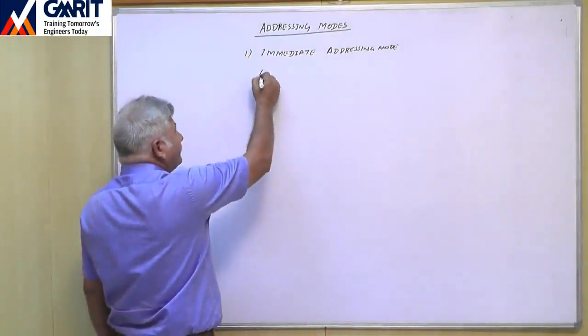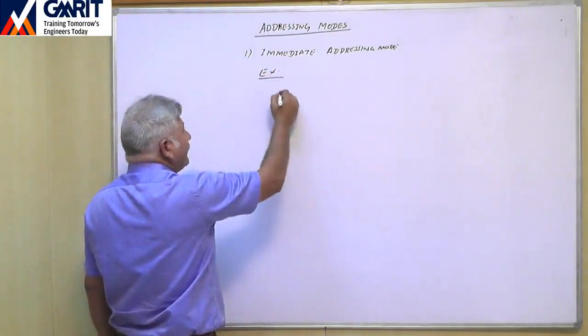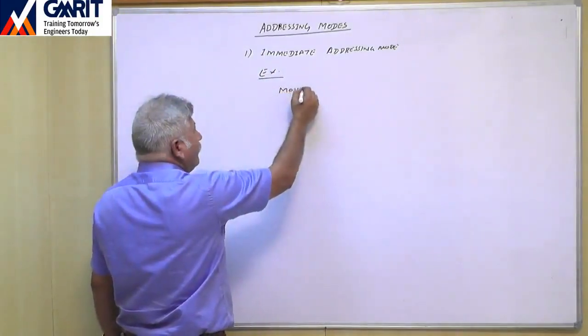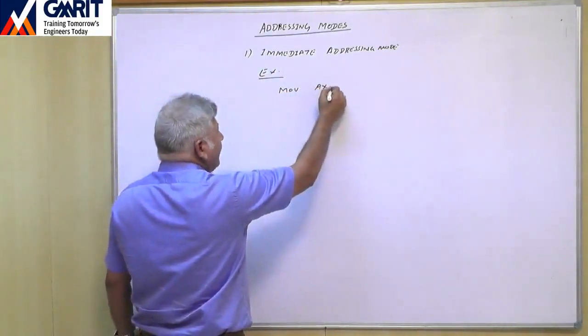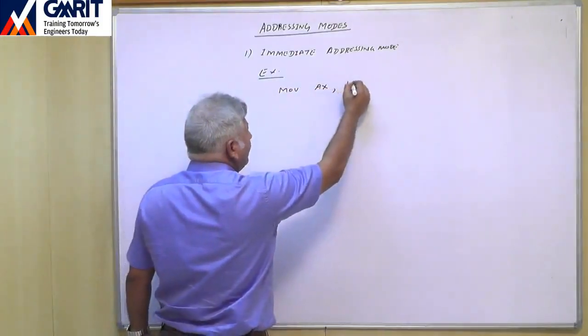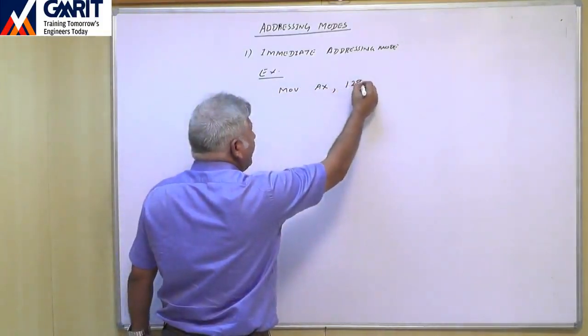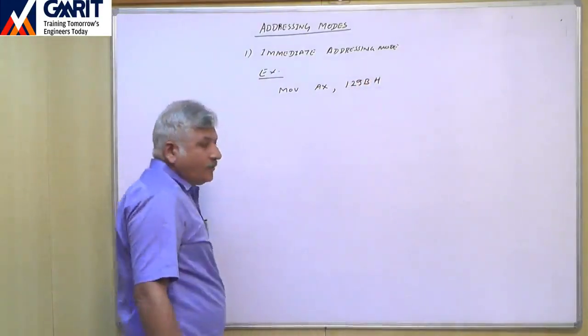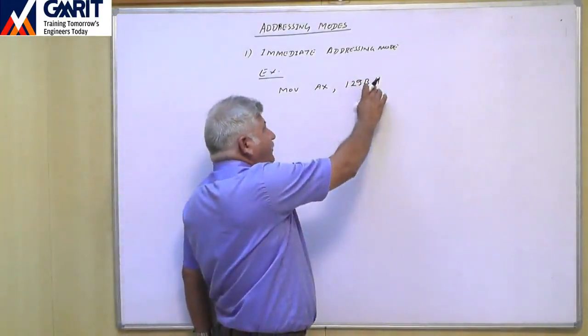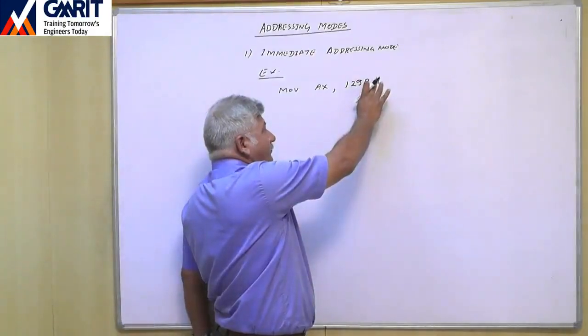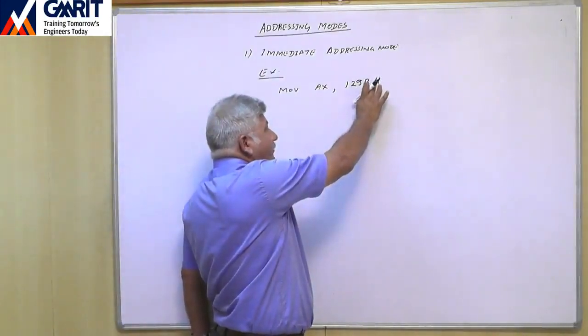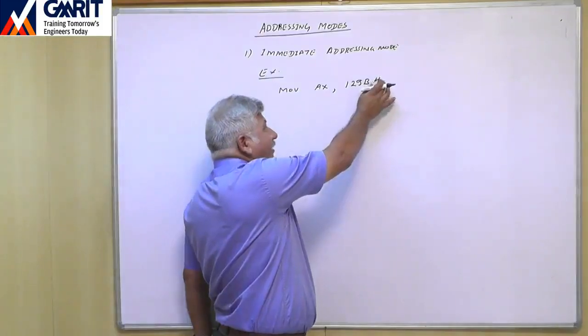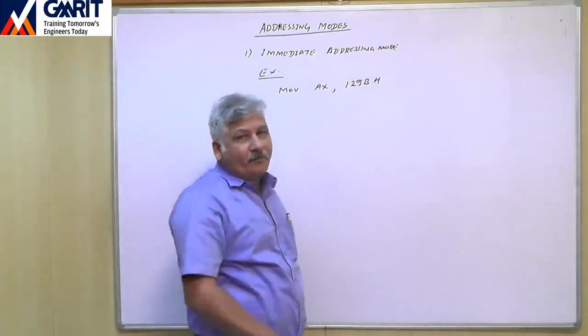For example, MOV AX, 129BH. Here at the end it is customary to write the H if this is a hexadecimal number.